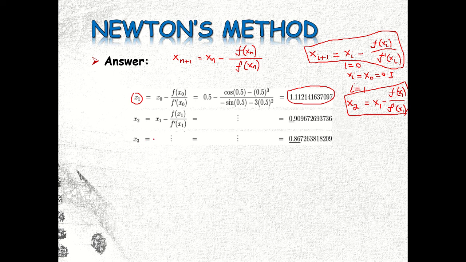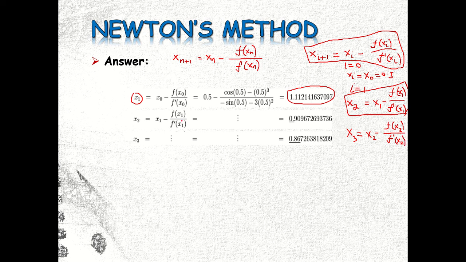So x sub 3 is equal to x sub 2, minus f of x sub 2, divided by f prime of x sub 2.